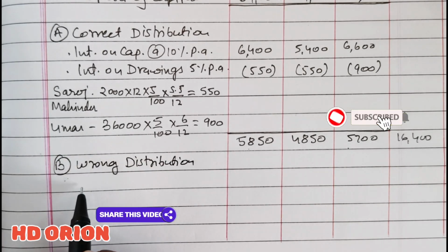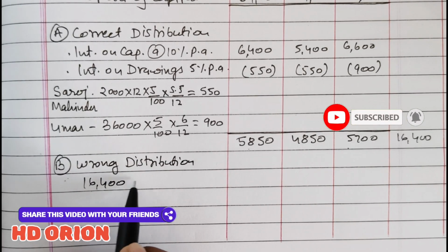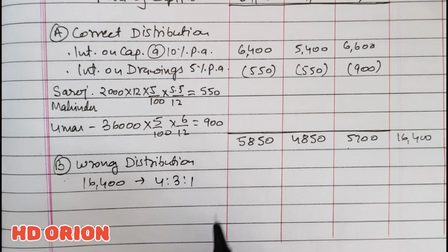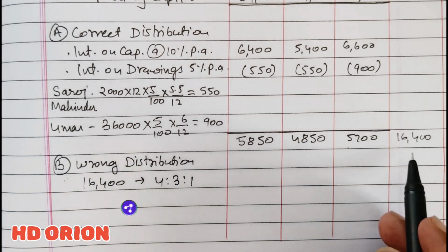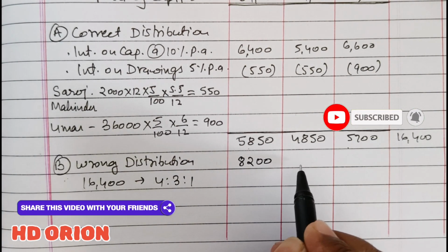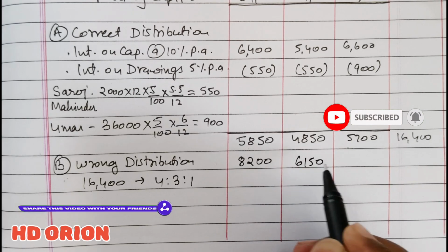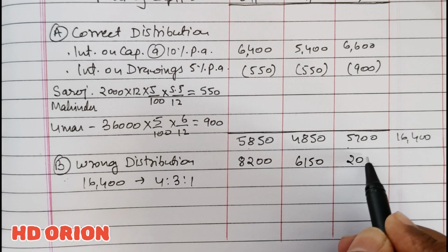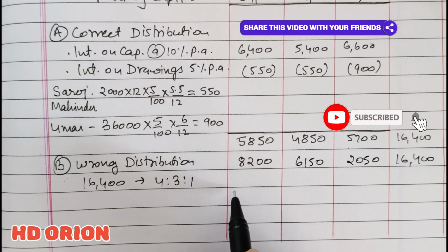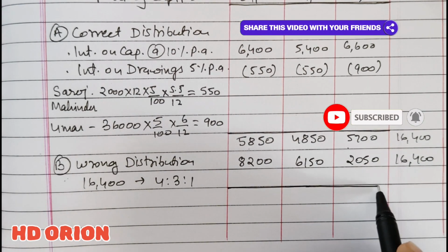This 16,400 is paid to the partners in their profit sharing ratio, that is 4:3:1. So when you break this amount, you get 8,200 is paid and 6,150 to the second partner and 2,050 to the third partner. So this way 16,400 has been dispersed to the partners.